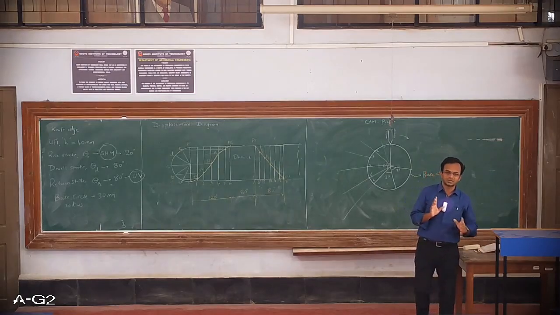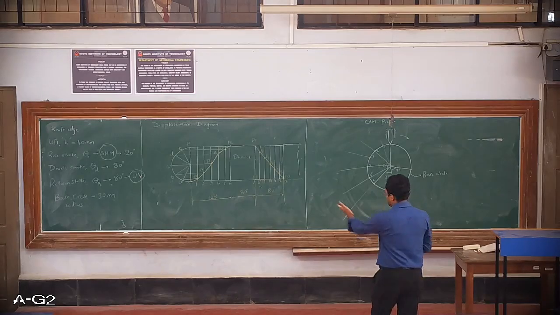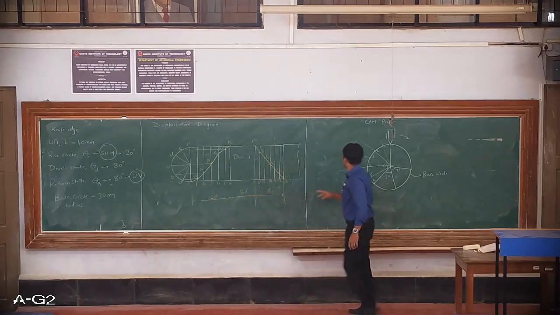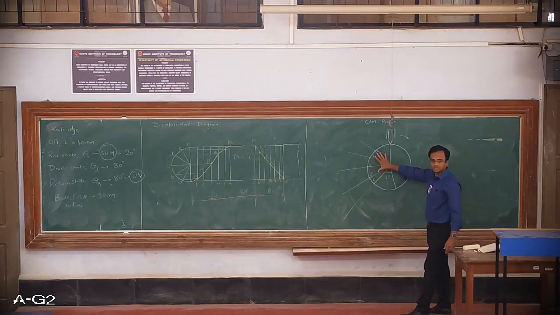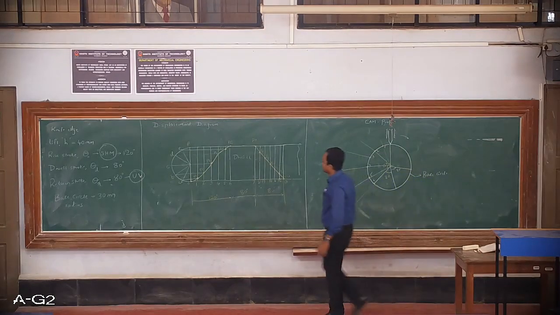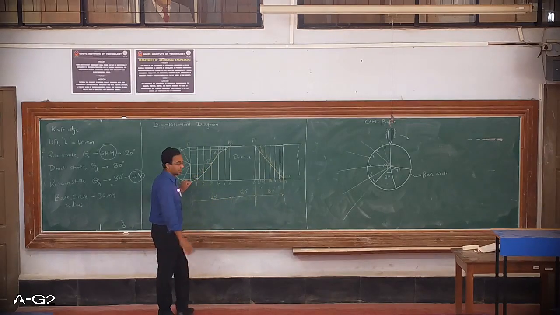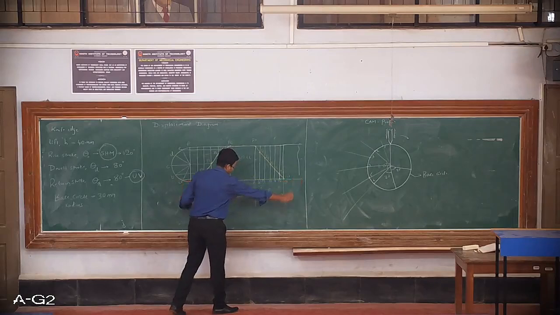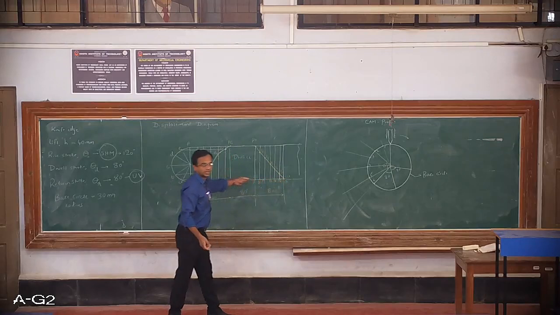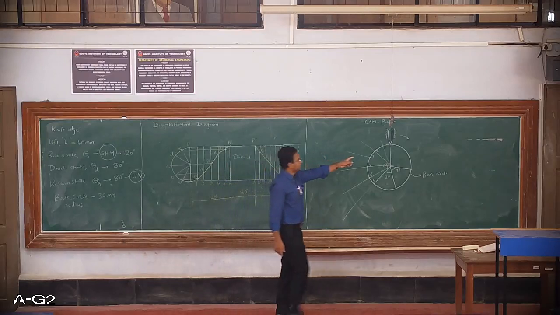Now if you compare the displacement diagram and the cam profile, here I have the numbers 1 to 6 after dividing the rise stroke, and here also I have the numbers 1 to 6. What it actually tells you is, with a little bit of imagination, if I hold this particular point at the end of this rectangle and bend this horizontal line into a circle, this is what I'm going to get.